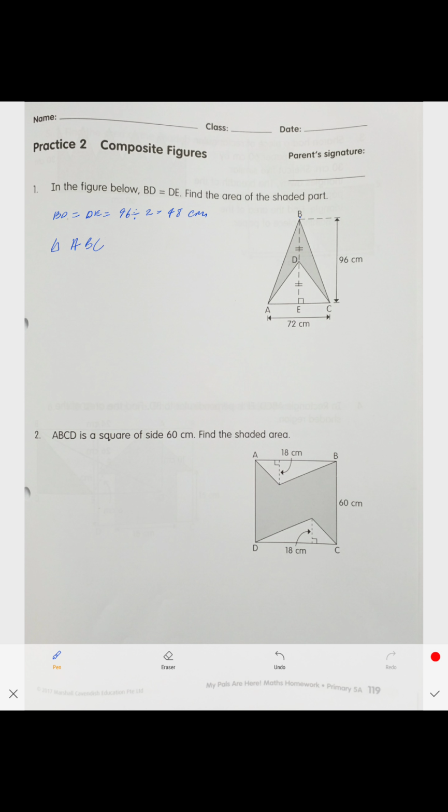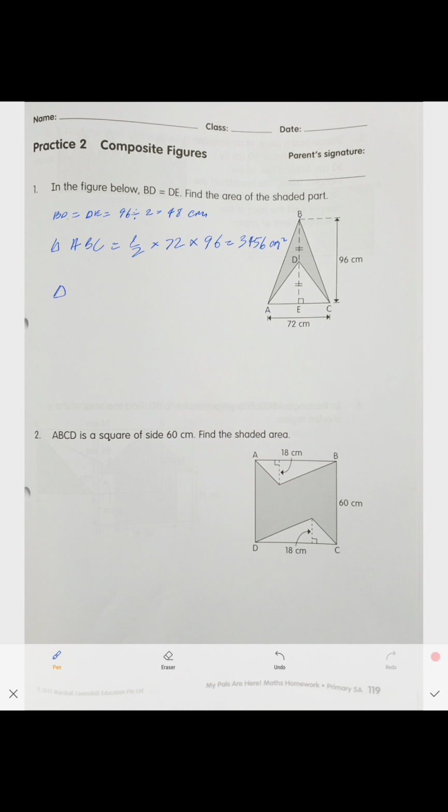Triangle ABC. We know the height, we know the base. 72, 96. 1 over 2 times 72 times 96 is equal to 3,456 square centimeters. The small triangle, we know the height, 48 centimeters, we just found it, and we know the base 72.